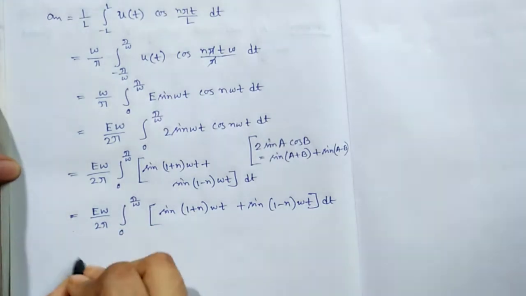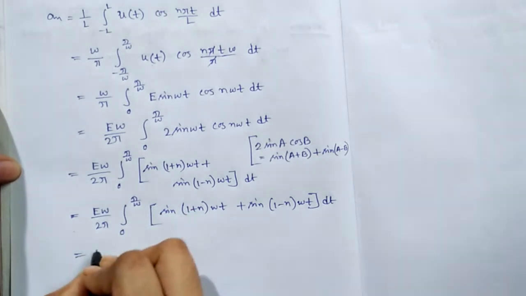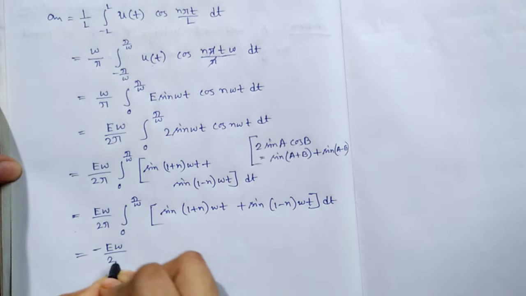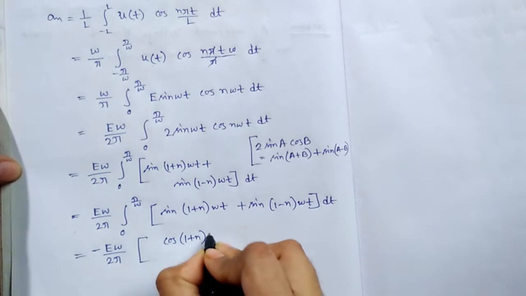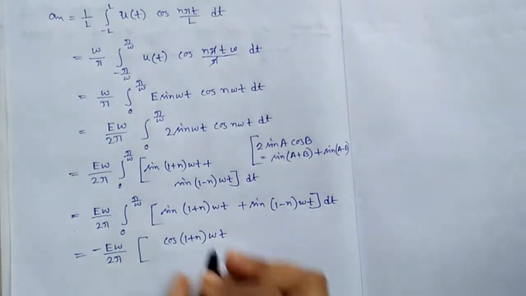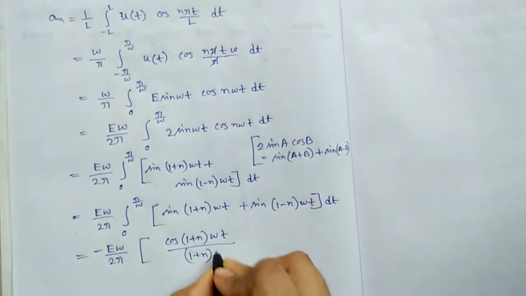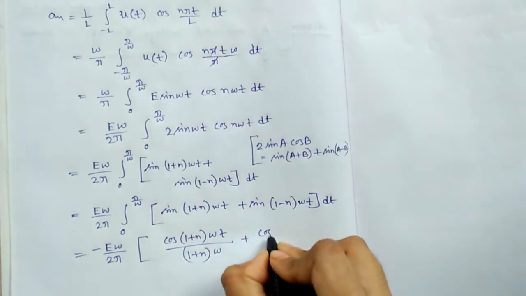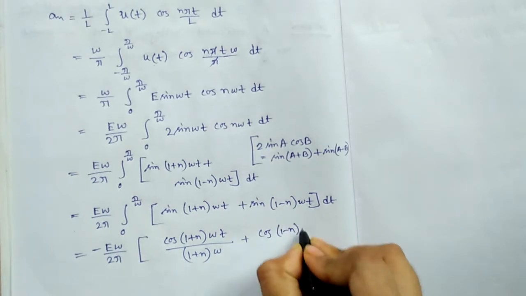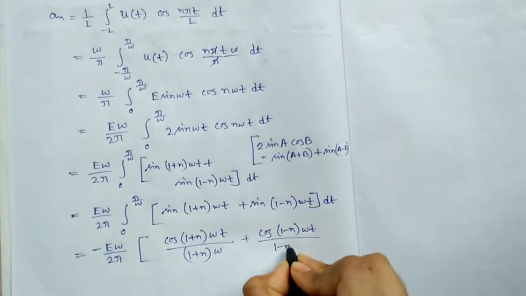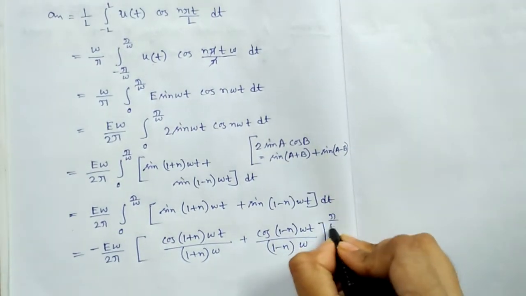And the next line will be integrate sin, that is minus cos, so minus E omega by 2 pi, cos (1 plus n) omega t by (1 plus n) omega plus cos, minus is taken common, cos (1 minus n) omega t by (1 minus n) omega, from 0 to pi by omega.